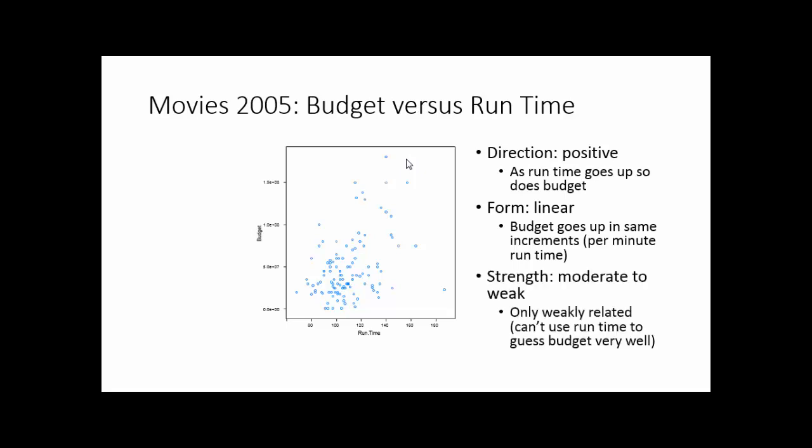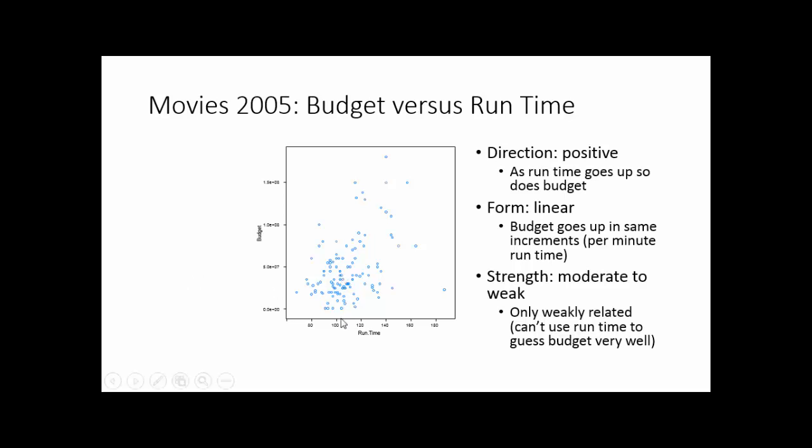And then the last thing, right, is strength. As we can tell, if we put a straight line in here, there is quite a bit of scatter, and that means that I should say this is moderate, maybe even a weak relationship between these two variables.